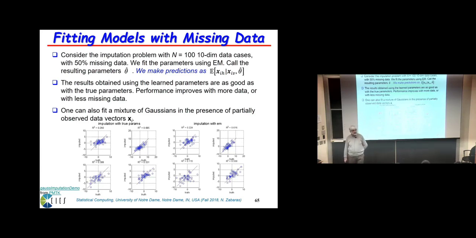So EM works very nicely for this data imputation problem, and I can extend this to lots of different scenarios, all right, with sensors, for example, where I have missing data. You can do lots of fancy things with little to no additional cost.